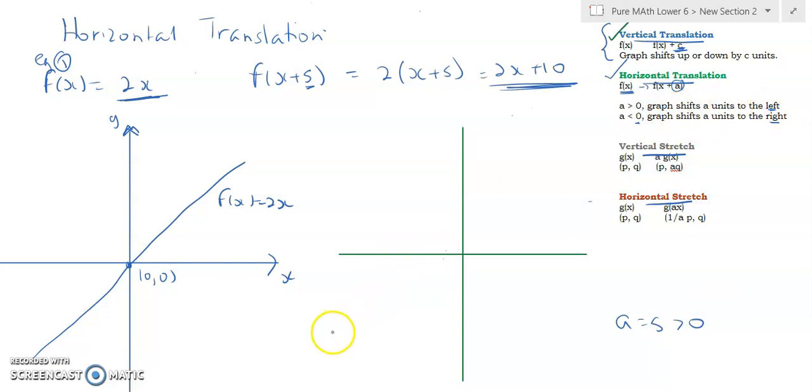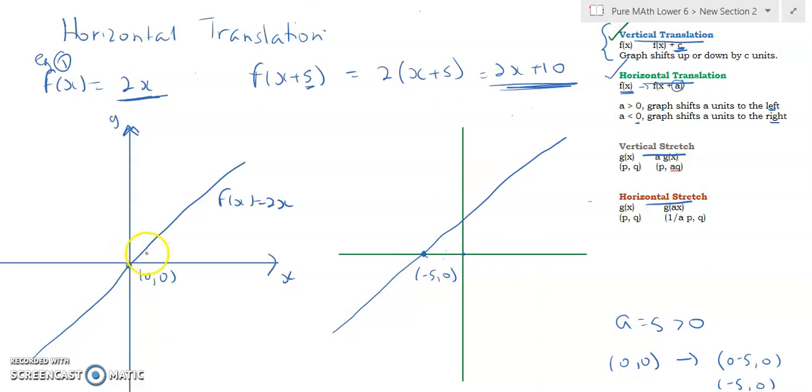So this graph now will look something like this, right? And this point here will be the point that was originally here. It's moved now 5 units. So 0, 0 will now become 0 minus 5, 0, so minus 5, 0. So that will be my new point, right?